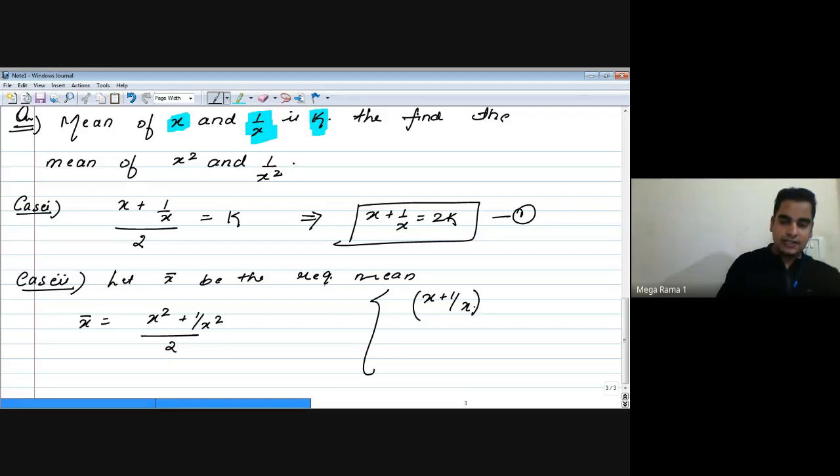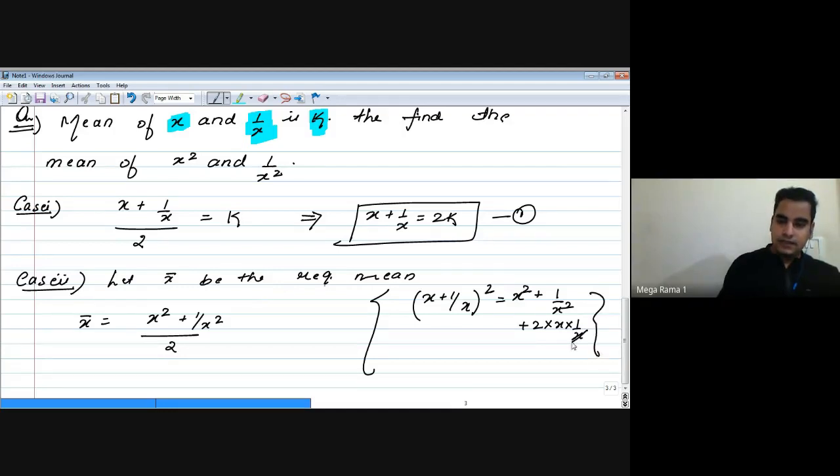Write fast in the chat section. What's the formula of a plus b whole square? No, that's incomplete. That's a square plus b square plus 2ab, right? So if I use that formula here, I'll be having x square plus 1 upon x square plus 2 into x into 1 by x.